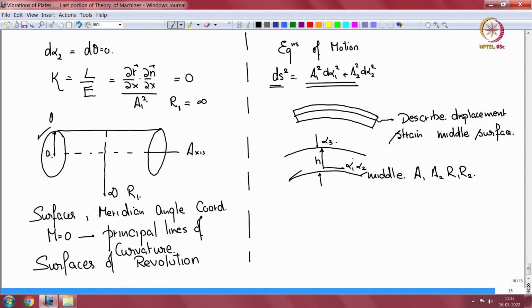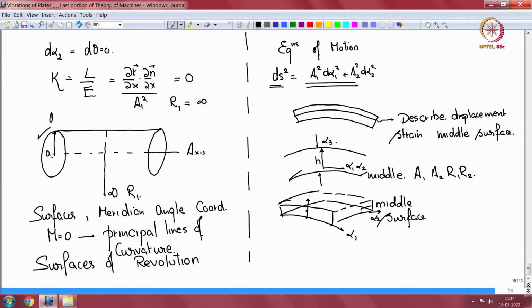So next what we will do is describe a point within the material, away from the middle surface. So this is the middle surface, and some point over here in the alpha 3 direction. So let us say this is alpha 1, this is alpha 2, this is in the alpha 3 direction.